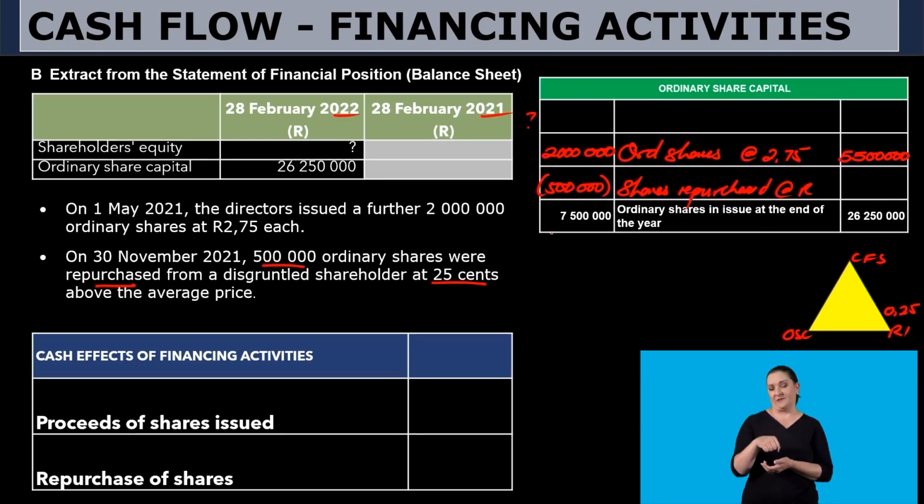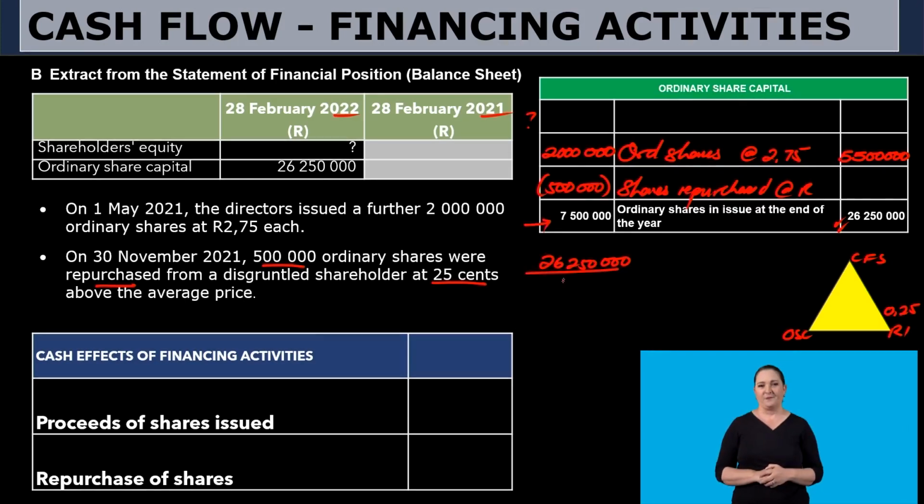To get that one, it is very easy. We will now say the amount that we had at the end of the year was 26,250,000. All right? And then we divide that by the number of shares, which is 7.5.